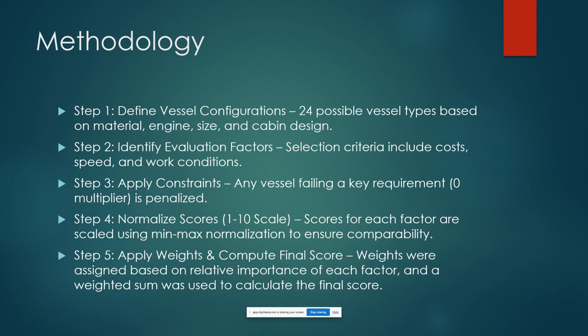Lastly, we applied our weights and computed the final score. The weights were assigned based on perceived importance, which allowed us to determine the best vessel based on performance and cost metrics. And by following this structured approach, we ensured that the vessel selection was objective, logical, and justifiable.